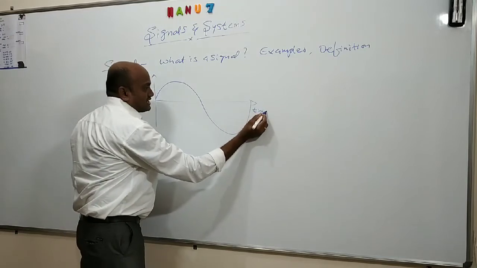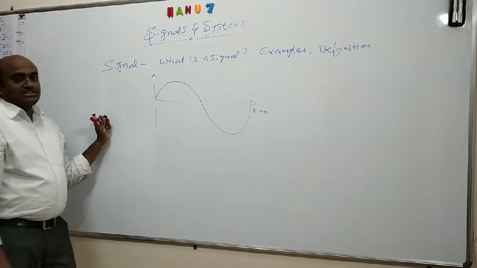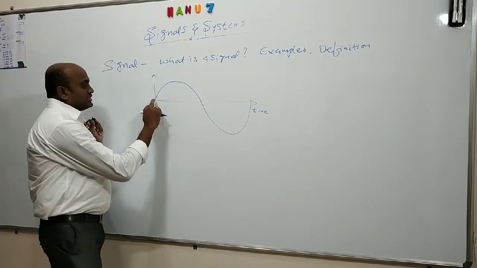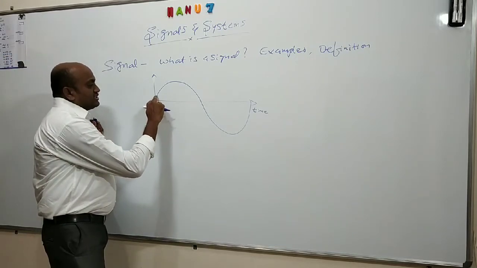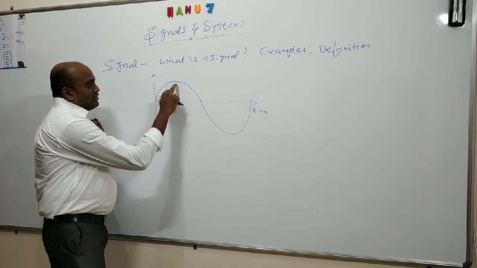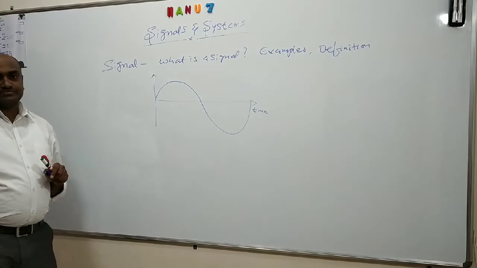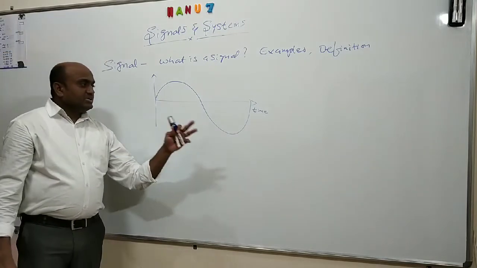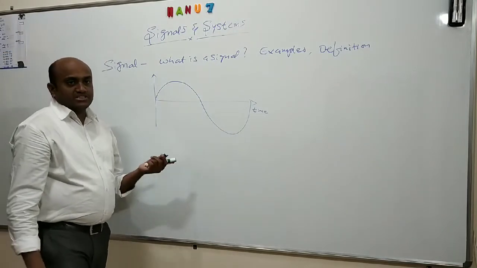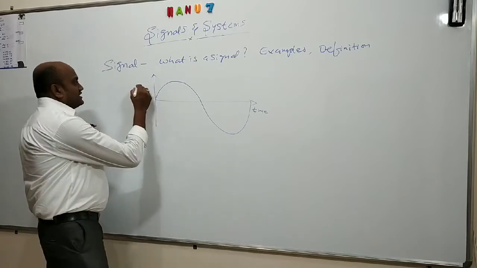On the x-axis I will take time. A signal is any physical quantity that is varying with respect to one or more independent variables. It could be time, space, or anything. On the y-axis, I will take amplitude.